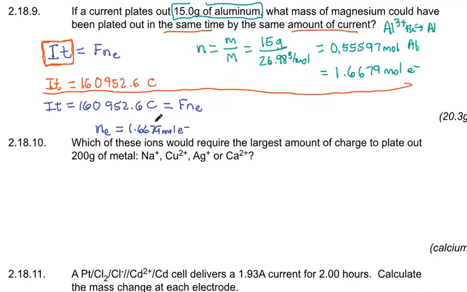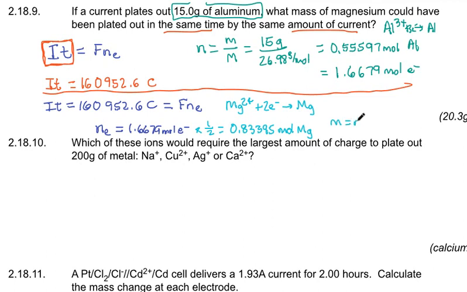But if we're using these electrons to make magnesium, here's what magnesium's reduction looks like. It only costs 2 electrons to make a magnesium atom, so if we divide this amount of electrons by 2, we find we can make 0.83395 moles of magnesium.